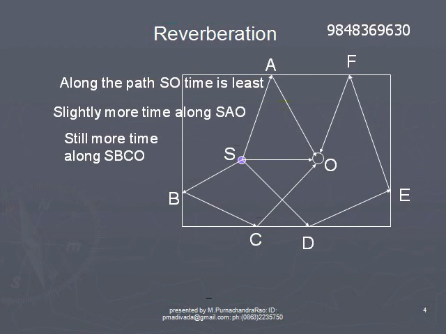And the sound by three reflections takes some more time. So the sound will be received continuously, one after the other. Direct sound SO, next SAO, next SBCO, next SDEFO. Along these paths, the sound will be received at regular intervals.